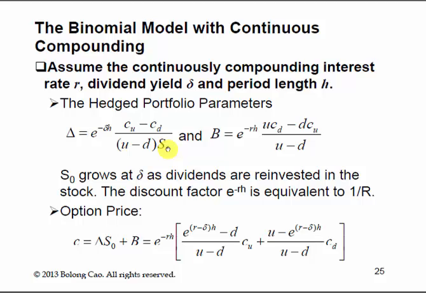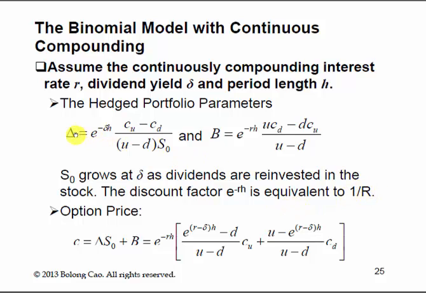It's basically saying the spot price at time zero will grow at delta. Now in the borrowed money part, you have this discount at the interest rate, which is basically equivalent to 1 over R. That's the risk-free discounting we had before.